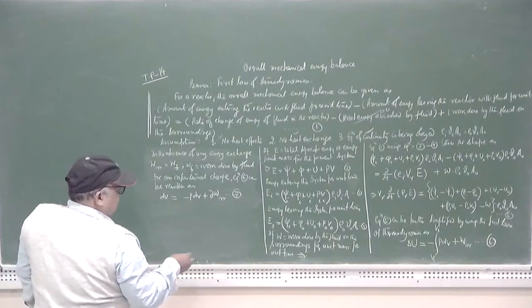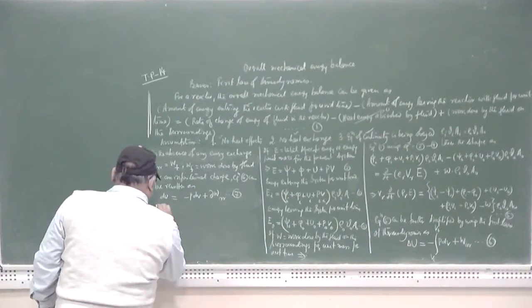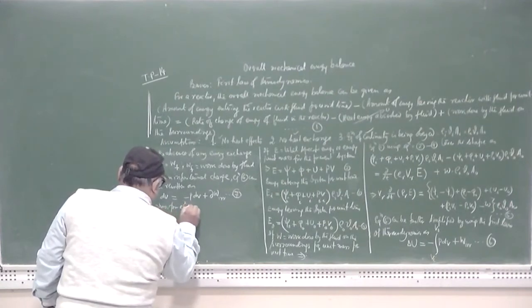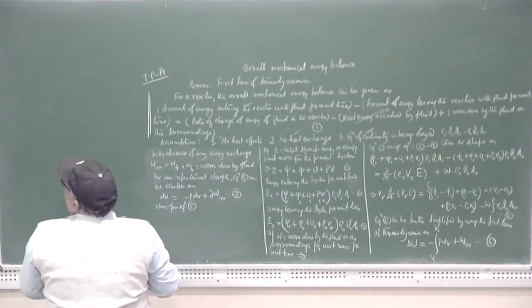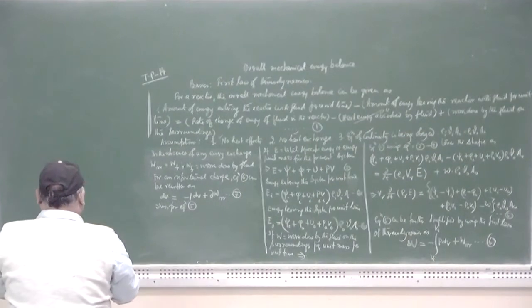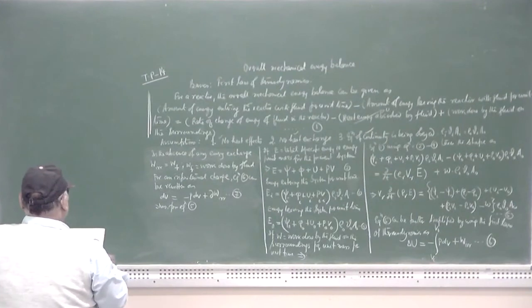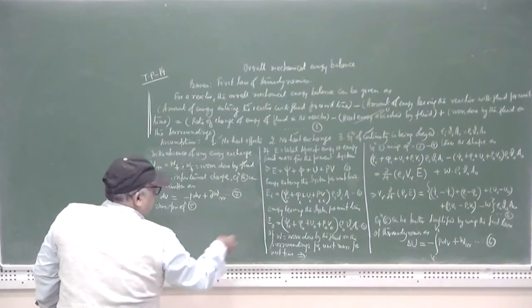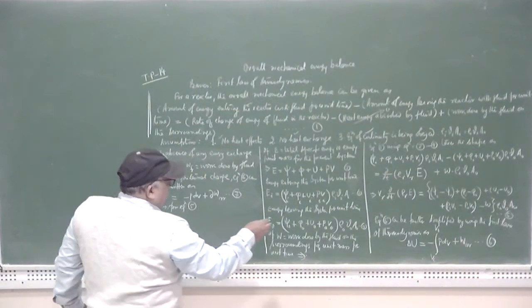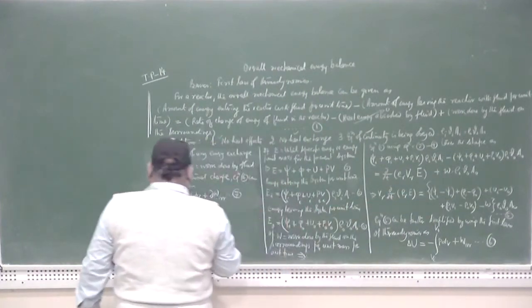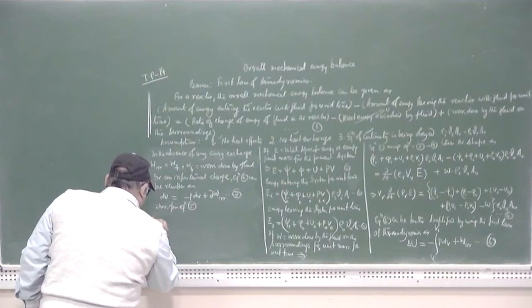Thus, from equation number 5, rho r, this quantity may be assumed as constant.